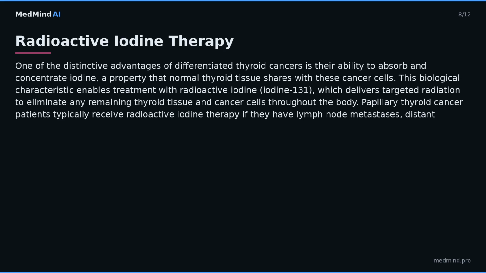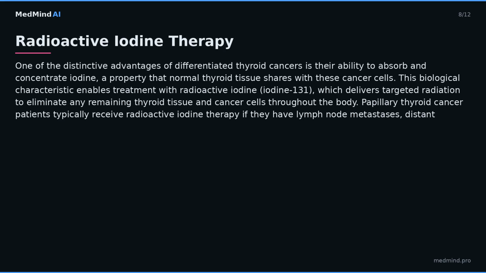Papillary thyroid cancer patients typically receive radioactive iodine therapy if they have lymph node metastases, distant metastases, or other higher-risk features, though many low-risk patients may be spared this treatment. Follicular thyroid cancer patients, particularly those with distant metastases or significant invasion, more frequently receive radioactive iodine therapy due to the cancer's predilection for hematogenous dissemination.